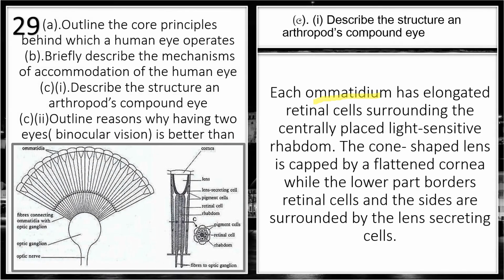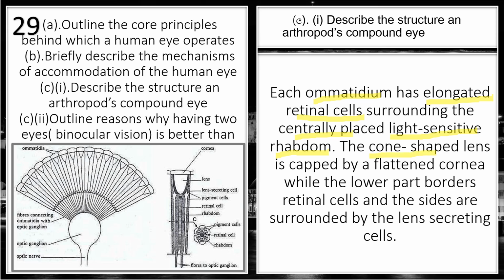Each ommatidium has elongated retinal cells surrounding the centrally placed light-sensitive rhabdom.